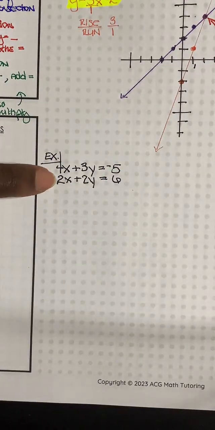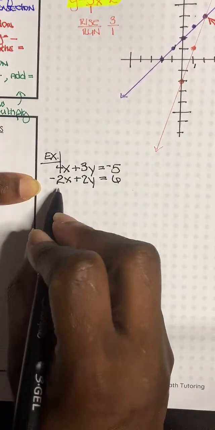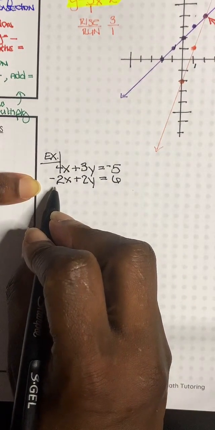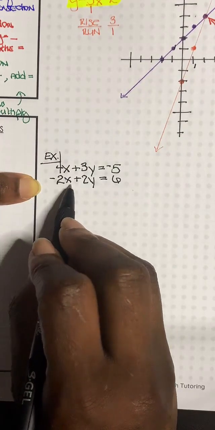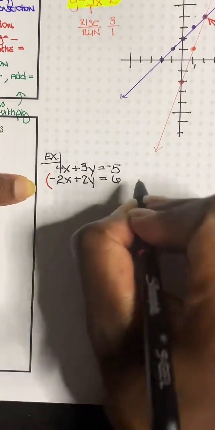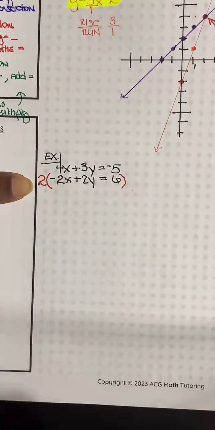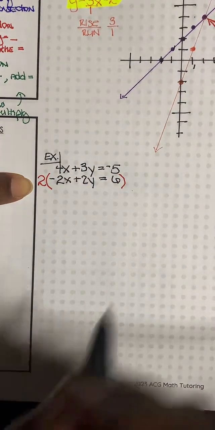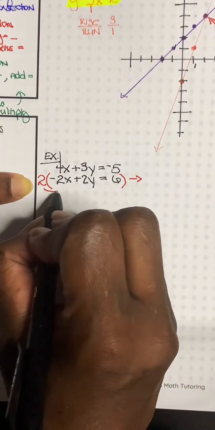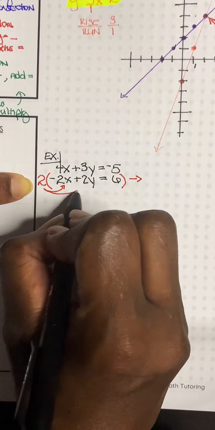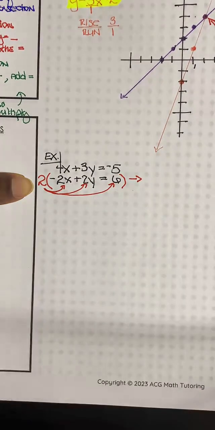So that means I need to work to get this 2 into a 4. I can multiply it by 2, but instead of multiplying just this term, I have to multiply the whole entire equation by 2. When I do that, I'm distributing this 2 to everything, including the 6.